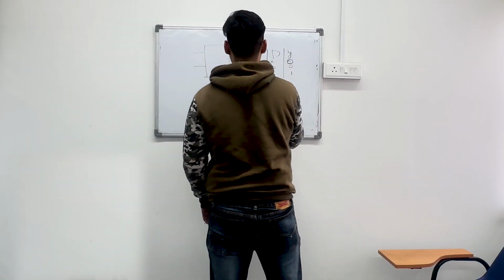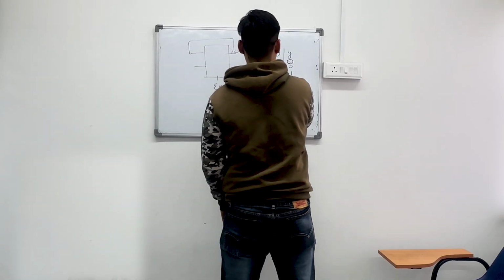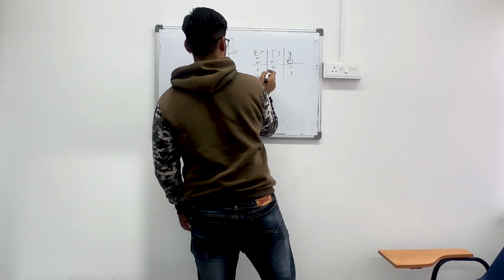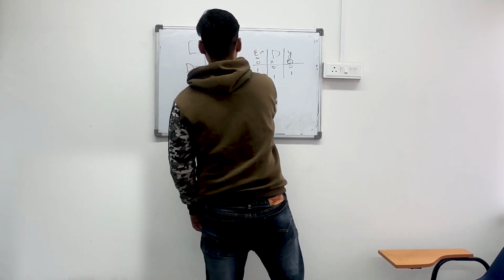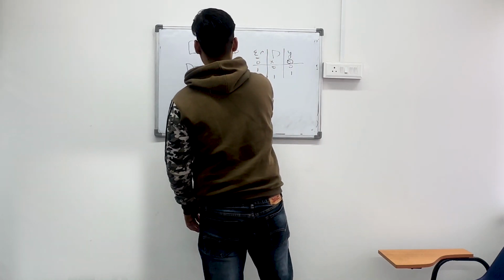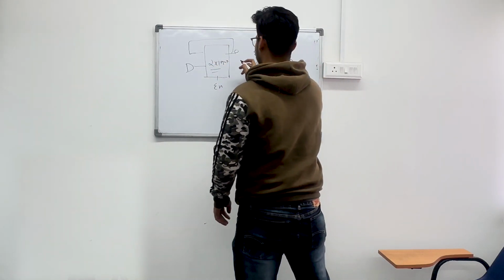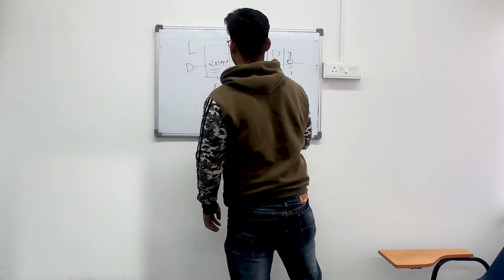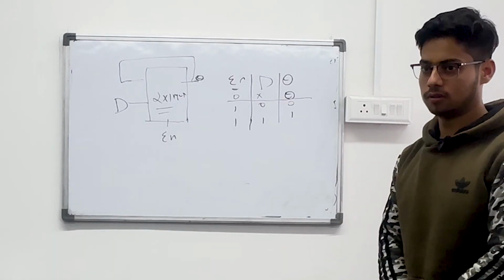So if any output is 0, we will connect to it. So that will be using a 2 cross 1 MUX. But what is that Y? That Y should not be there, right? This should be Q only. Yes, sir. In your table also that should be Q. So whenever enable is 0, it will be in the no change condition, right?